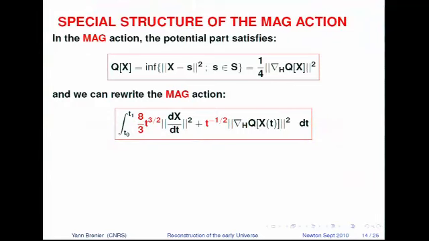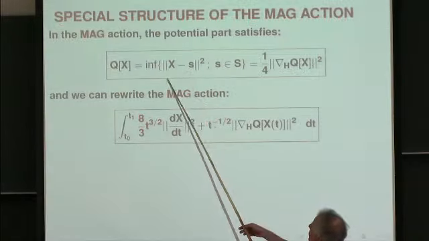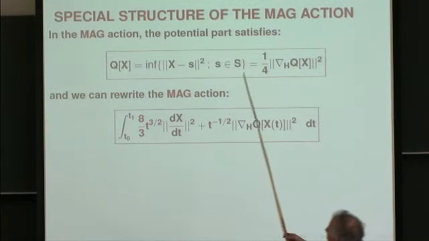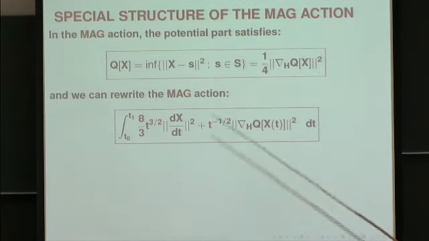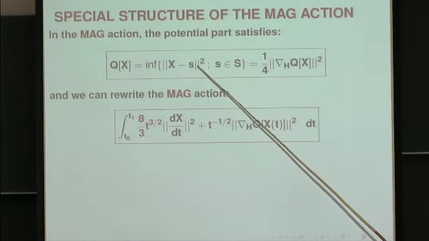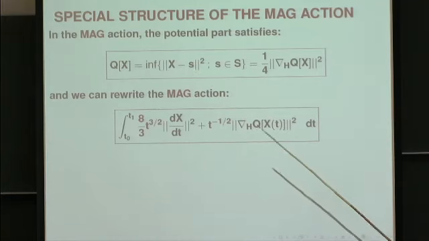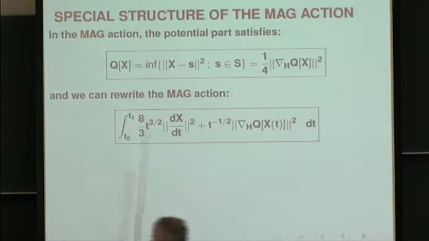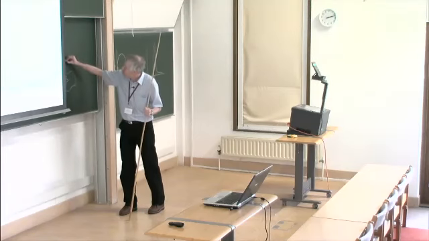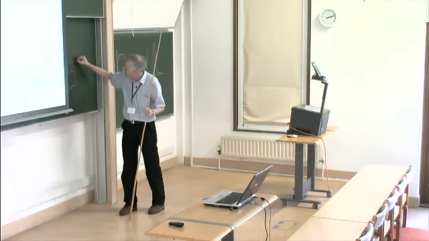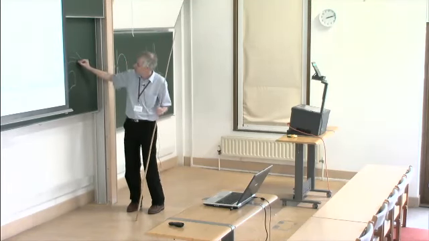So you see, once again, the potential part is made of this term, but this is a square distance function to an object. And so maybe it's good to draw some picture. So when you have an object like that, this is S, and you look at the distance function, so it could be like this.